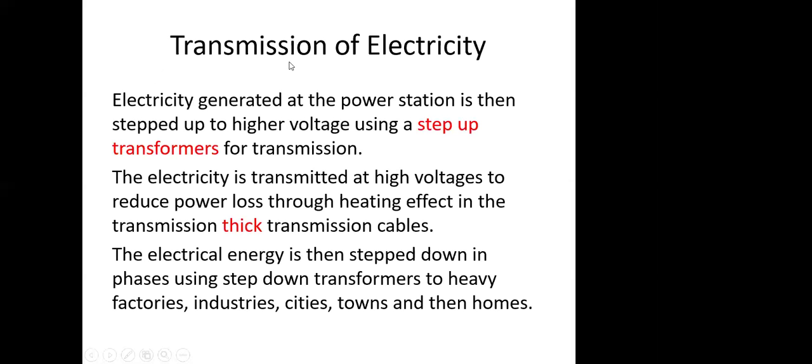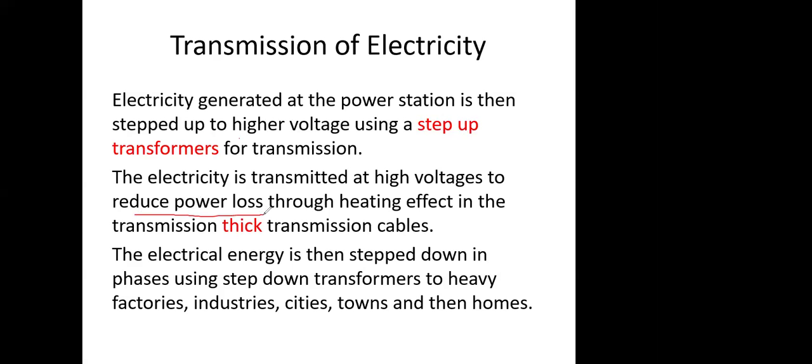So those are the reasons why, in the document that we are following, they are telling us that high voltages are transmitted. First of all, they reduce the power loss, because power will be lost due to heating. When we have big voltages, it won't affect the end result.